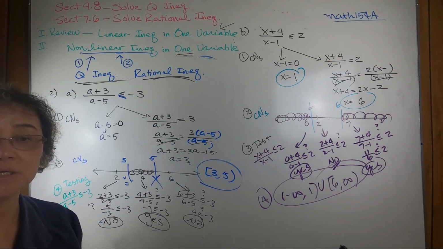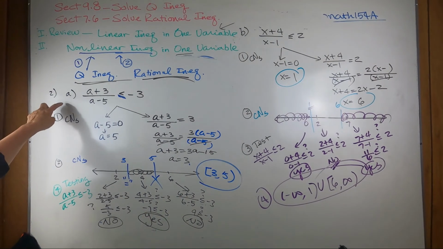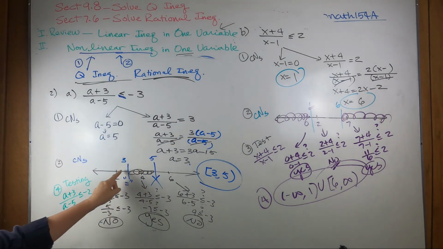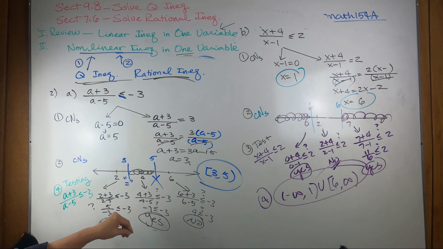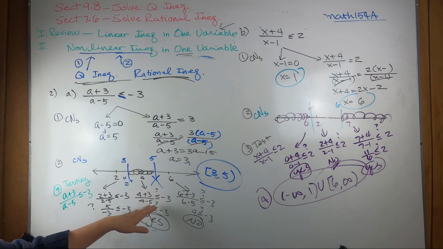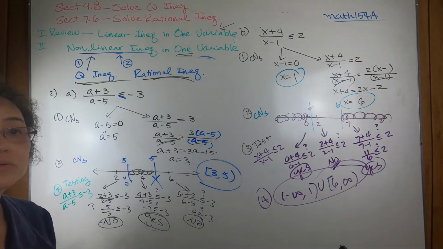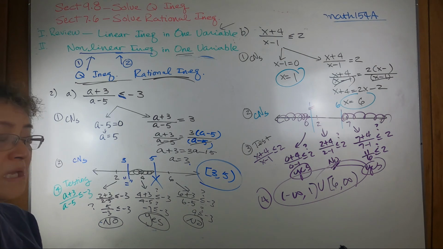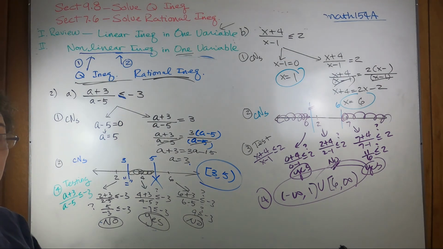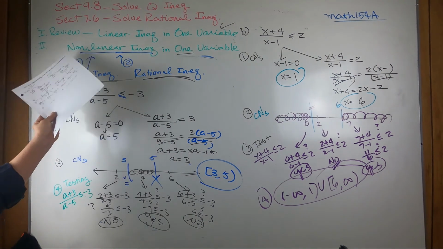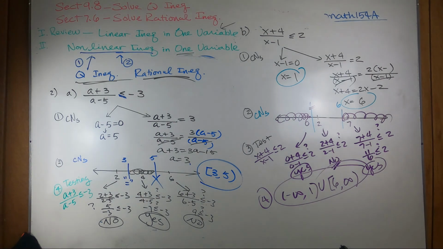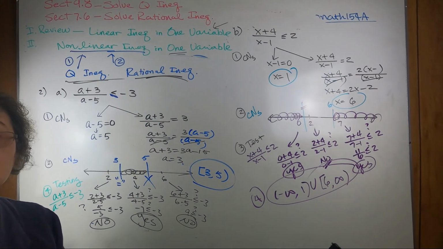First, we find the critical numbers. Then you make different regions, 3 regions. Then you test different parts, and the answer is either in the middle or on the 2 sides. We keep repeating this always. Hopefully you remember them with practice, of course. So this would be your section 9.8 and section 7.6.